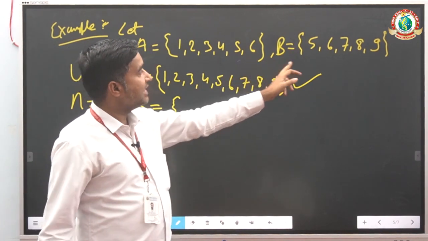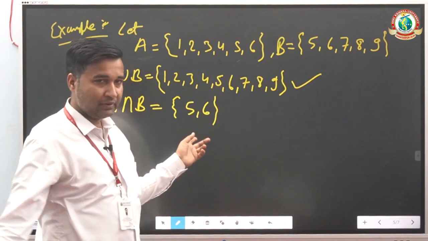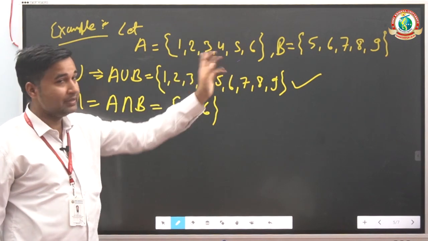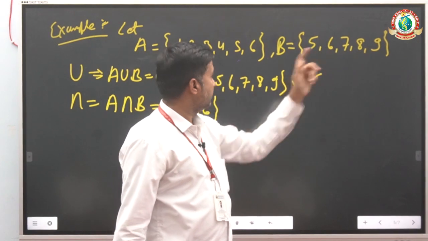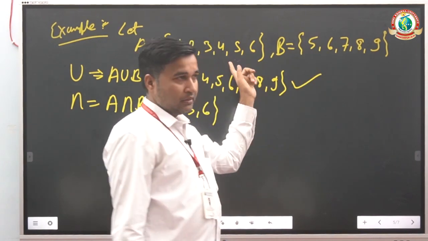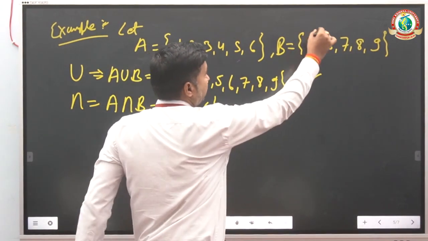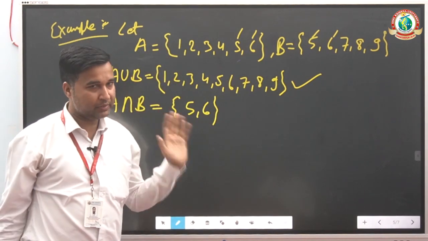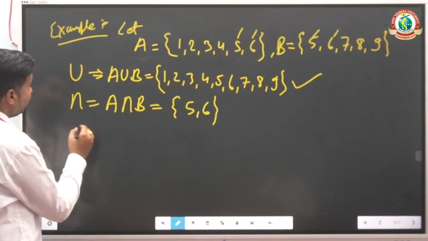Common elements are 5 and 6. This is our answer for the intersection of the two sets A and B given above. 1 2 3 4, there is no 1 2 3 4 in B. 5 6, yes 5 6. 7 8 9, there is no 7 8 9 in A, but here is 7 8 9. So only 5 and 6 are common, and we will write them in the intersection part. Now next, difference of sets.